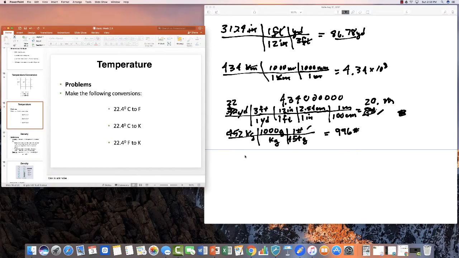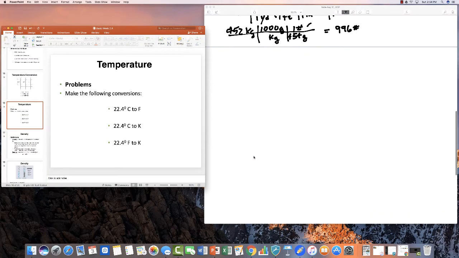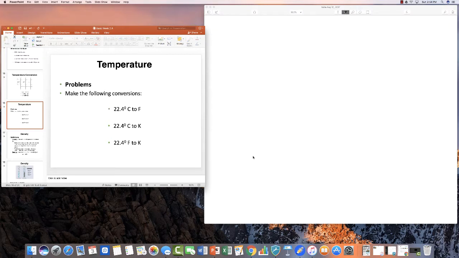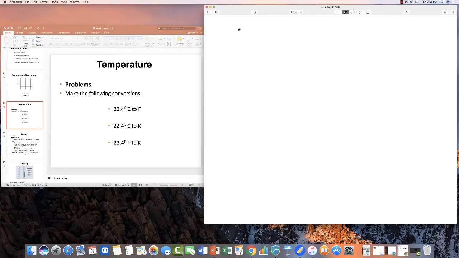for this. So let's start out looking at this first one, which is 22.4 degrees Celsius, and you want to find out what that is in Fahrenheit.